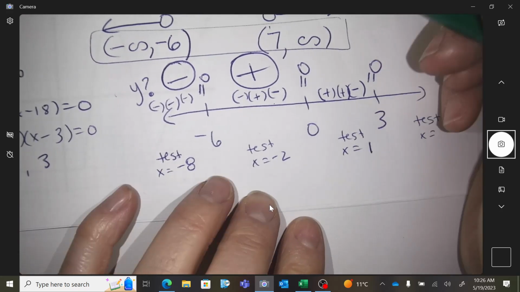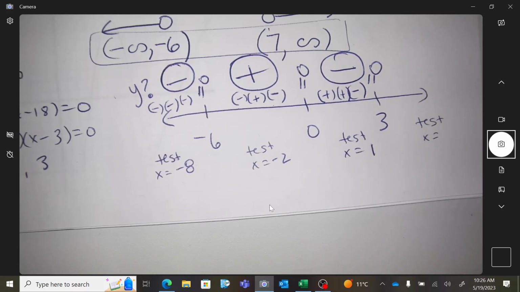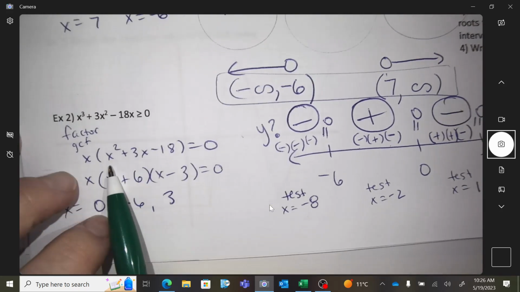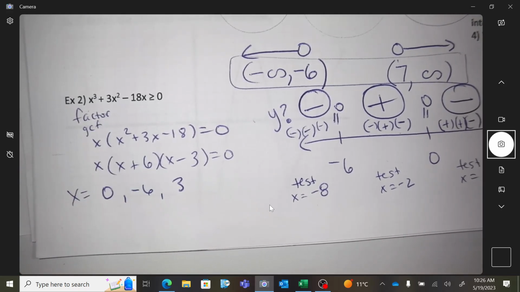So 1 negative in that number. And like I said, you can actually plug in 1 if you want, if this seems easier for you. 1 cubed plus 3 times 1 squared minus 18 times 1 equals a negative number. Whatever it would come out to be on your calculator would be negative.